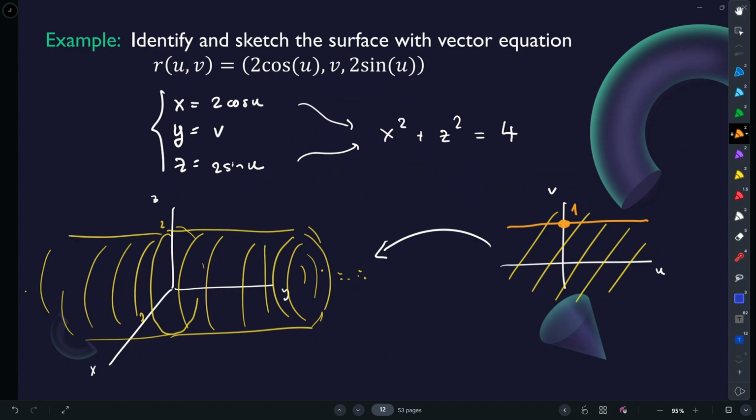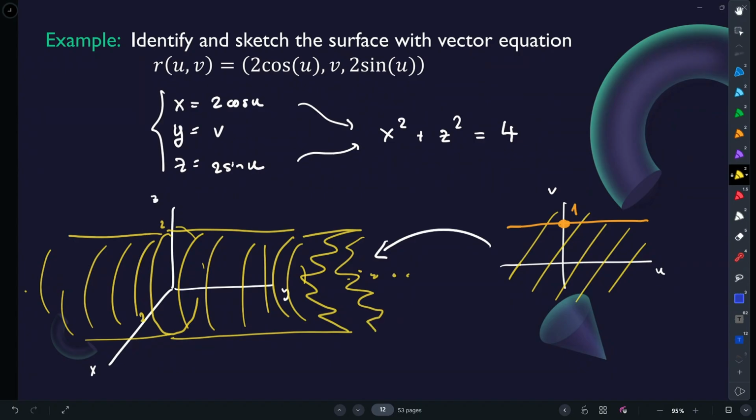It doesn't cut off, so I just drew it somewhat badly. So what I said is this cylinder really doesn't stop. Maybe I can draw it like this just so you know that it continues. And similarly here, it just continues.